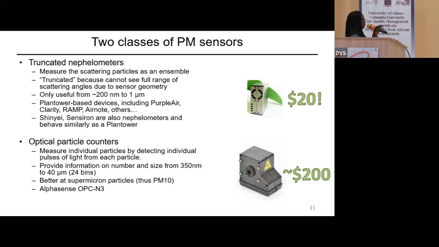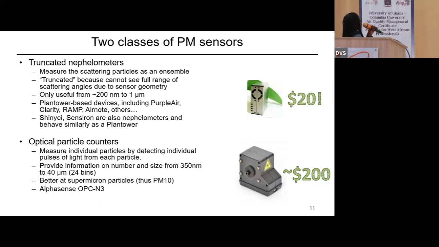It also has another limitation of not being able to measure beyond 1 micron, so between 200 nanometers and 1 micrometer. We have some lists here of low-cost sensors that fall within that class.